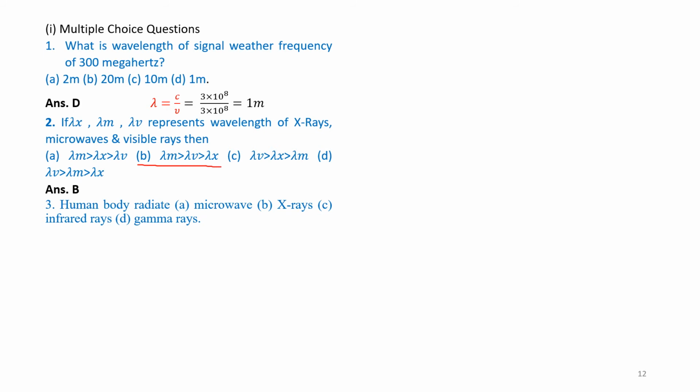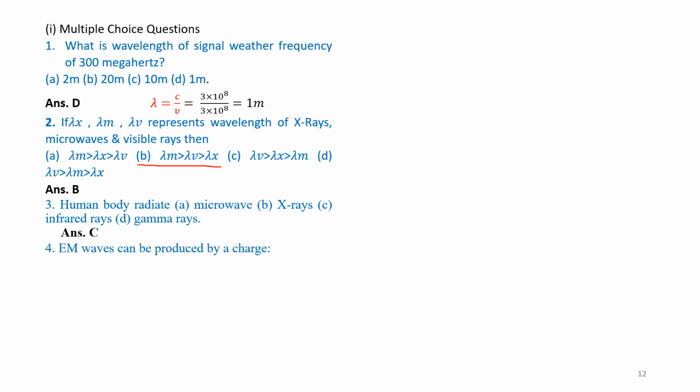Which radiation is emitted by the human body? A, microwave; B, X-rays; C, infrared rays; D, gamma rays. It is C, that is infrared waves.